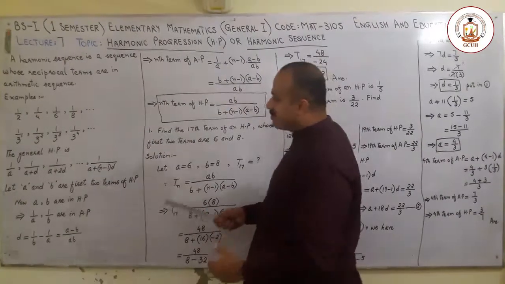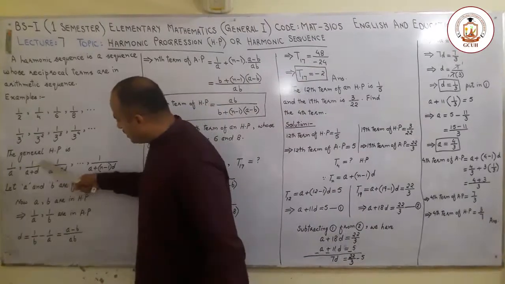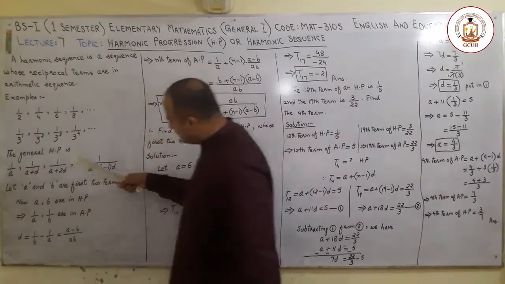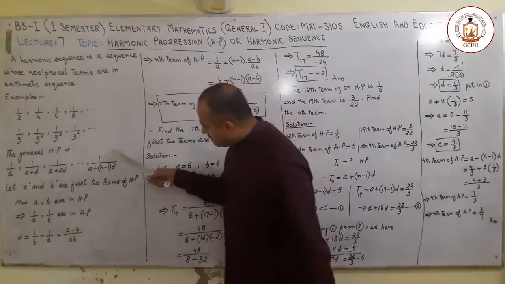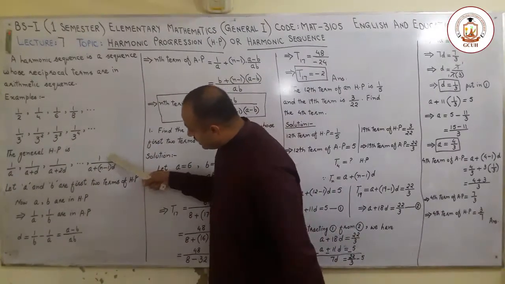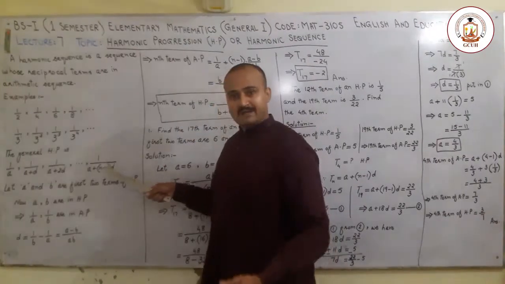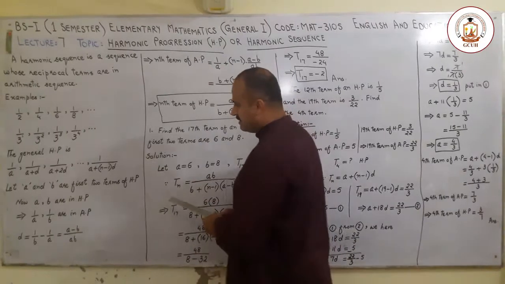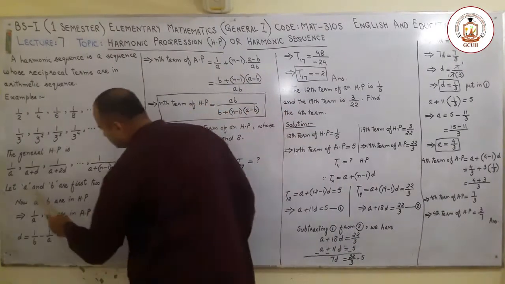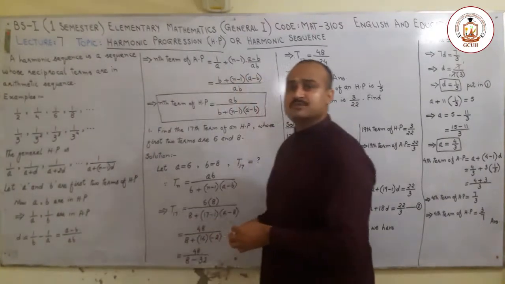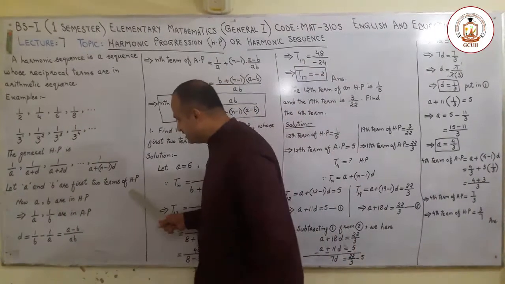So their reciprocals 1 upon a, 1 upon a plus d, 1 upon a plus 2d and so forth, and in last the nth term 1 upon a plus n minus 1 times d are in harmonic progression.